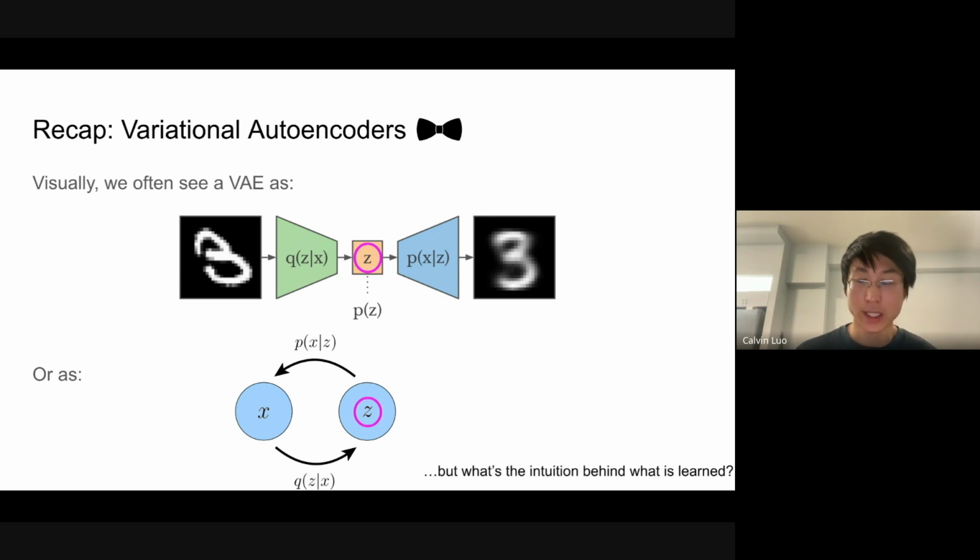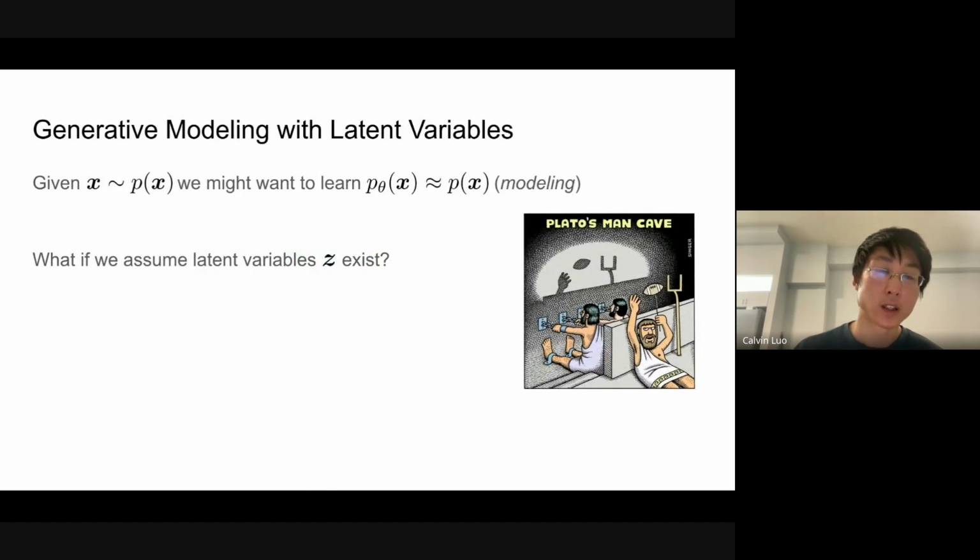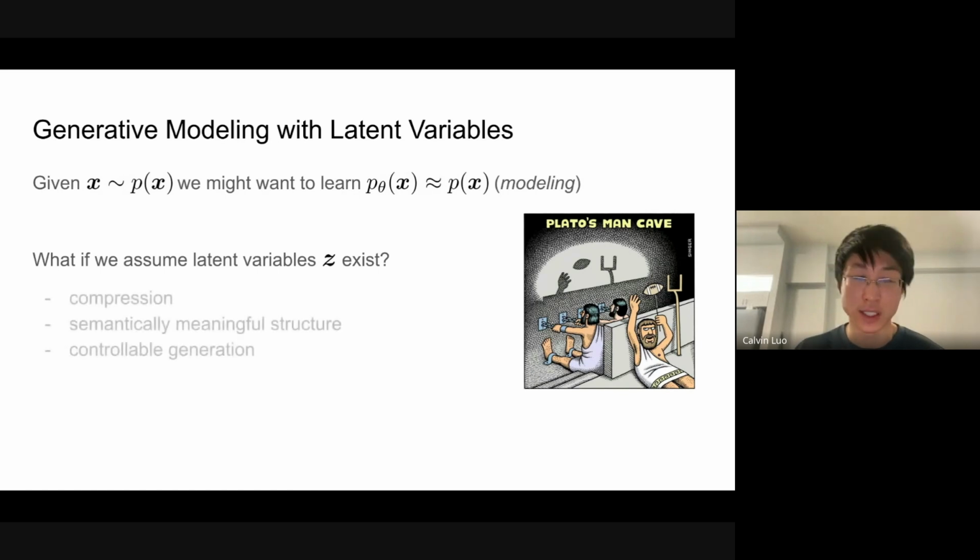What's the intuition behind what is learned once we have latent variables? Recall that in modeling, we're trying to learn p theta of x approximating the true distribution q of x. If we assume that latent variables z exist, usually they're of a lower dimension. We can think of this as compressing the data x into some lower dimensionality z.